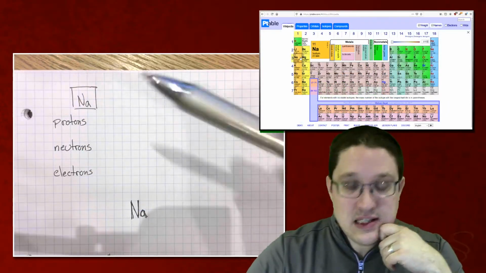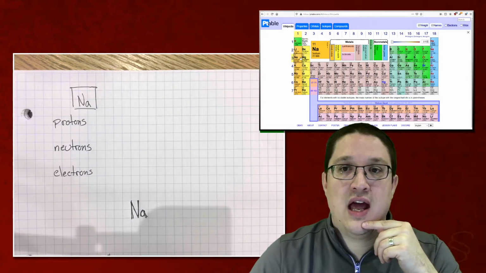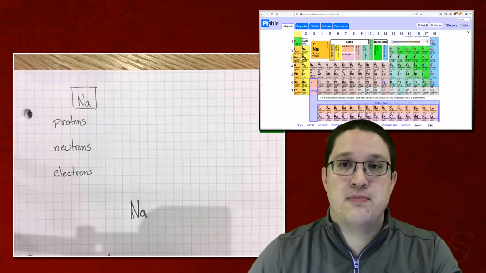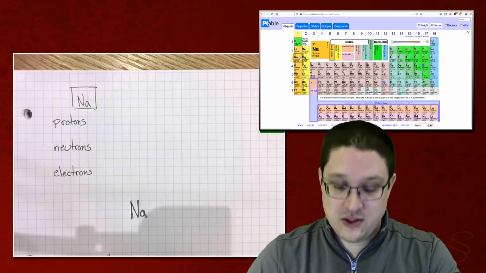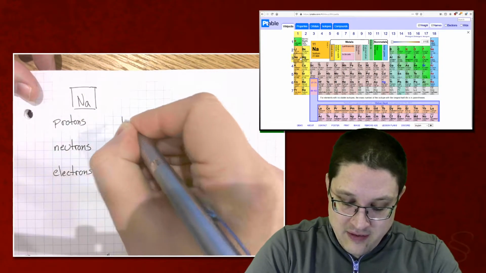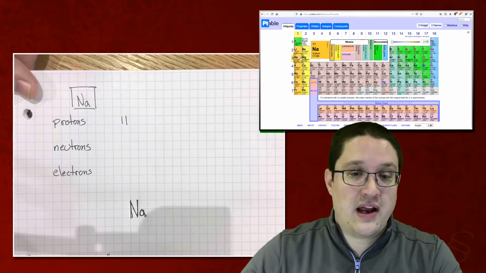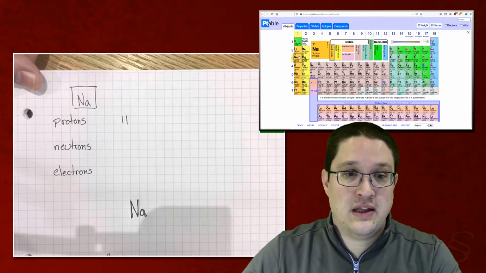Now, in sodium, I know that I have protons, and I have neutrons, and I have electrons. Those are the basic components which make up any atom. Now, in sodium, I know that I have 11 protons. I can find that from the atomic number right here in the corner.